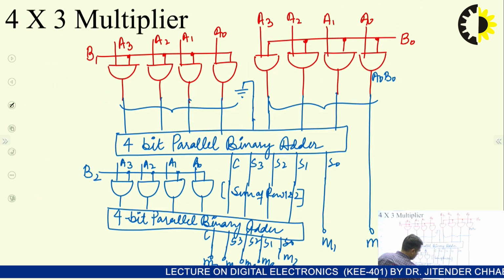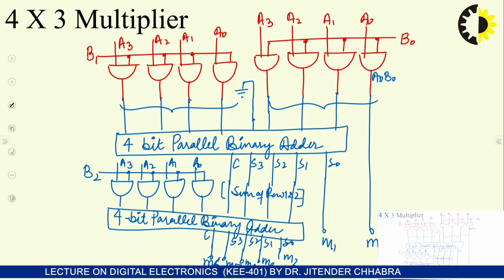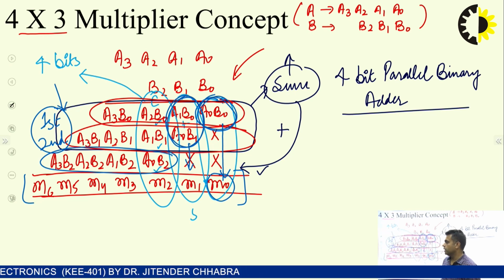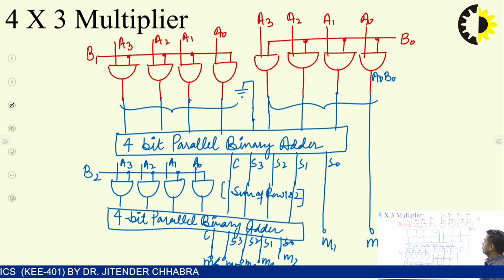So M0 to M6, which was required from this pattern, has been realized using a circuit comprising 12 AND gates and 2 4-bit parallel binary adders.